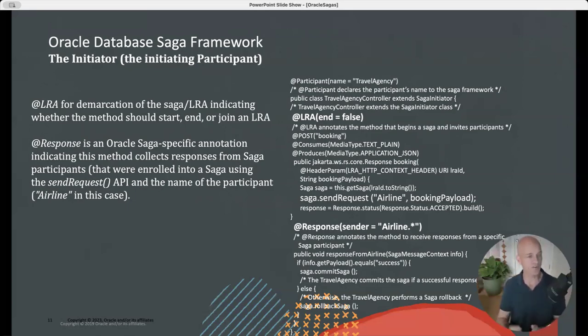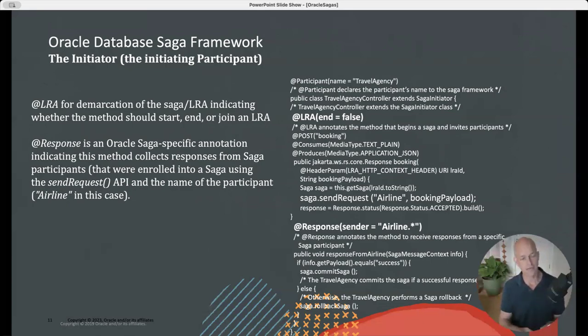But there are additional annotations, a number of different convenience annotations, but also annotations that are required for event-driven support with sagas, because the LRA specification actually does not specify message-driven sagas. That's been a discussion and planned, but it's not actually in the specification.